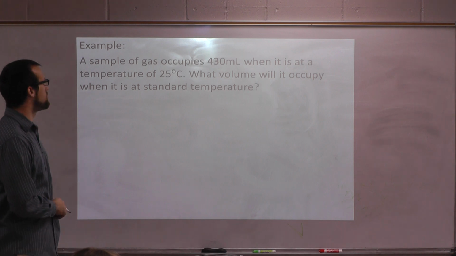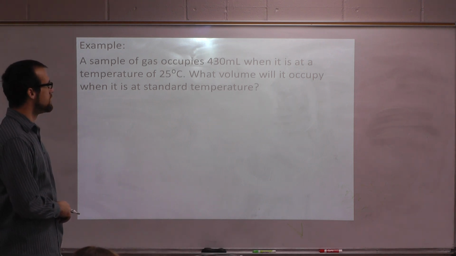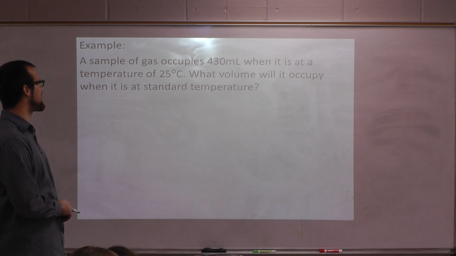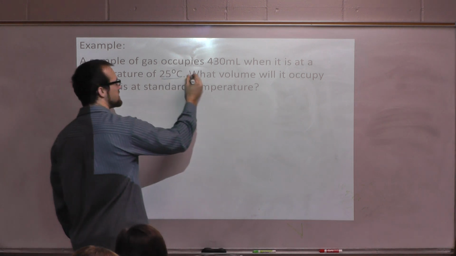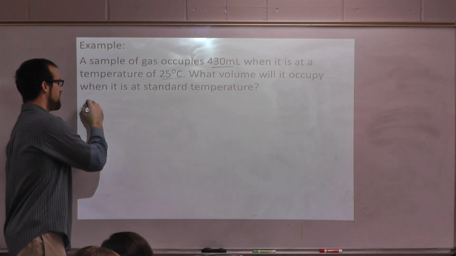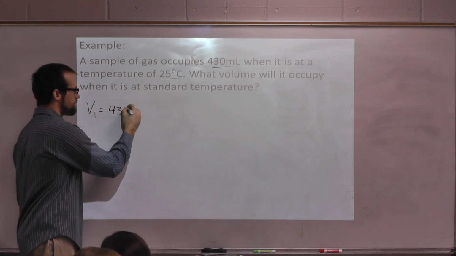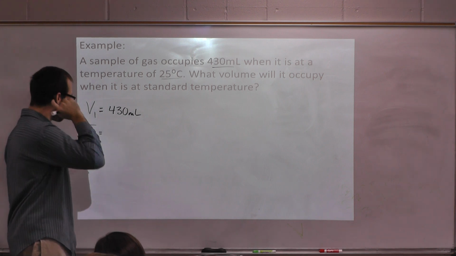Let's look at this problem. We need to start labeling some variables. A sample of gas occupies 430 milliliters when it is at a temperature of 25 degrees Celsius. There's our first conditions. V1 is? T1 is?